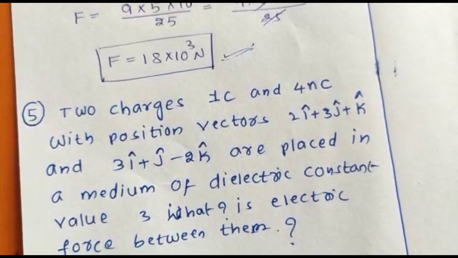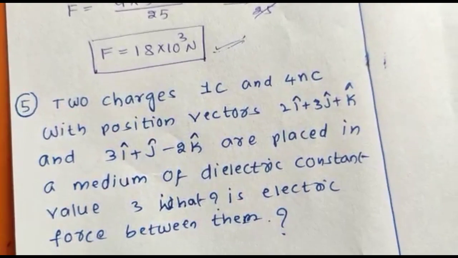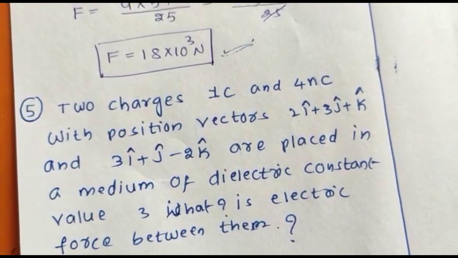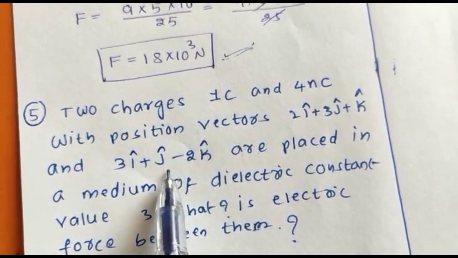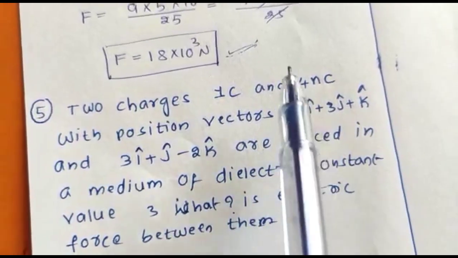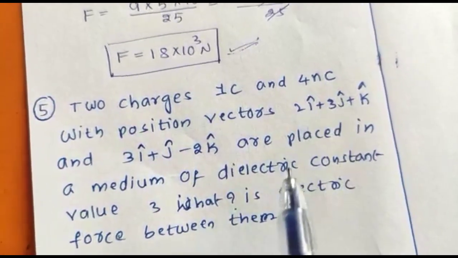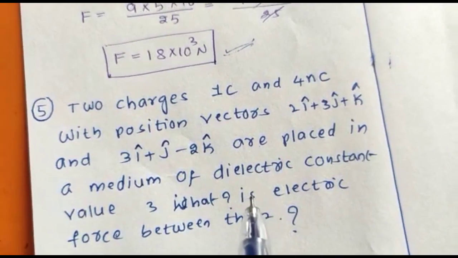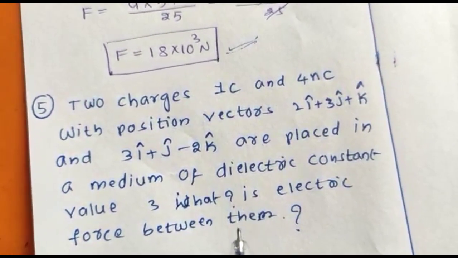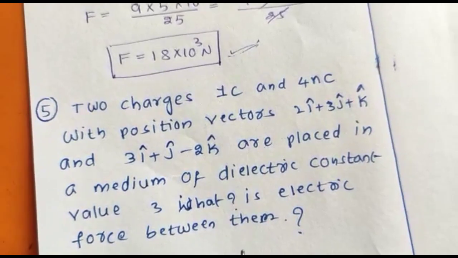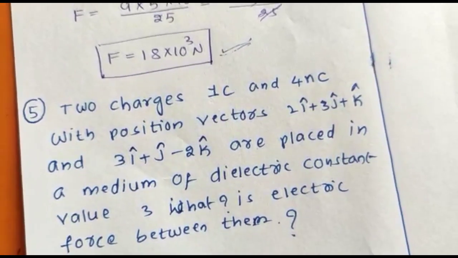First of all, find the position vector between them, R bar equal to R2 bar minus R1 bar. Consider this is R2 bar and this is R1 bar, and also convert the 4 nanocoulomb. I have already given the proper units, and the practical units also. Just by seeing the data, all of you solve this problem.